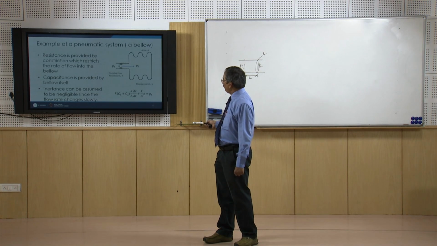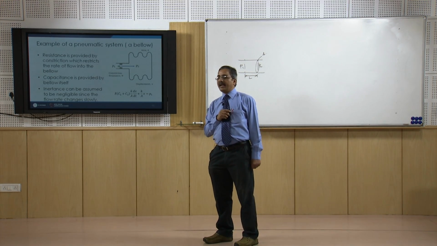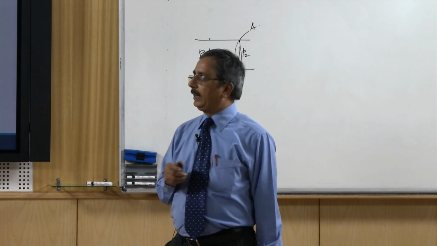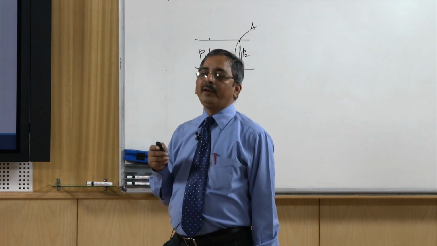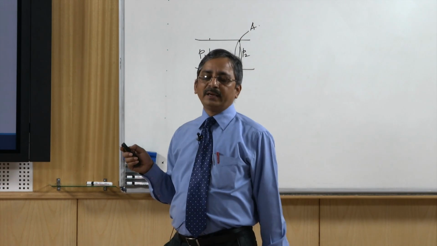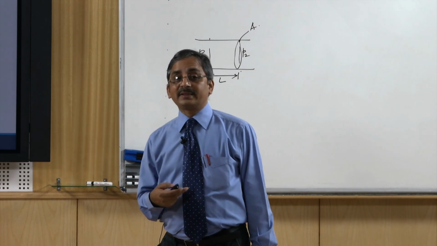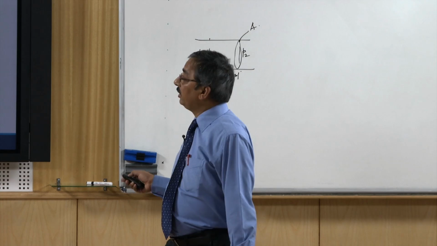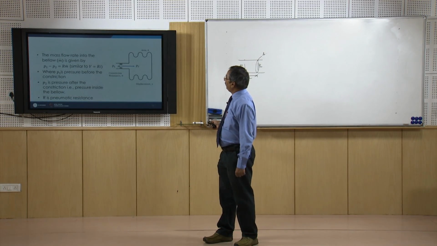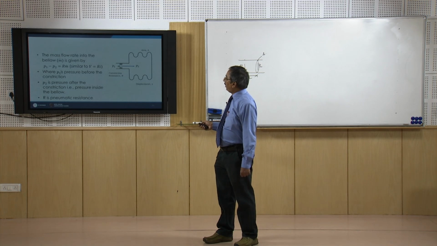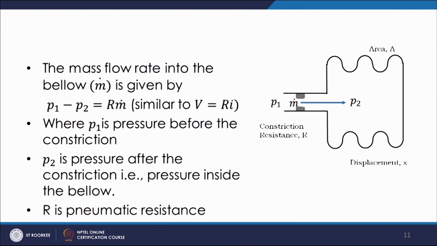Now, let us see how we get this differential equation. Our ultimate aim is to know that if my input supply pressure is P1, then how my displacement is going to change with time for the given input pressure P1. So let us begin first with the model for the constriction.